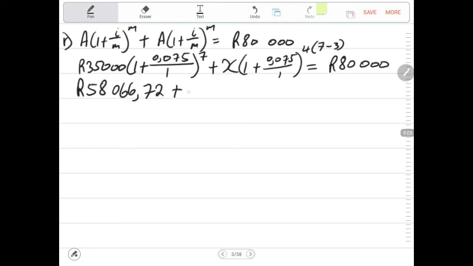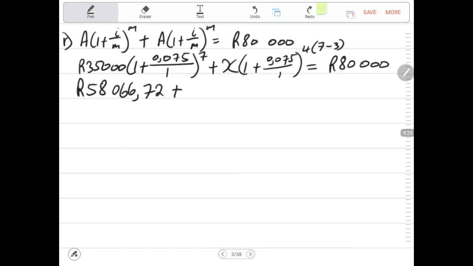Then we need to say plus. Remember, this is unknown X. Therefore, you must put it after the numbers when you are done with this calculation. With that calculation, then we say open brackets 1 plus 0.075 divide by 1. Remember, you don't have to divide by 1, because dividing by 1 gives you the same amount, to the power of 4.